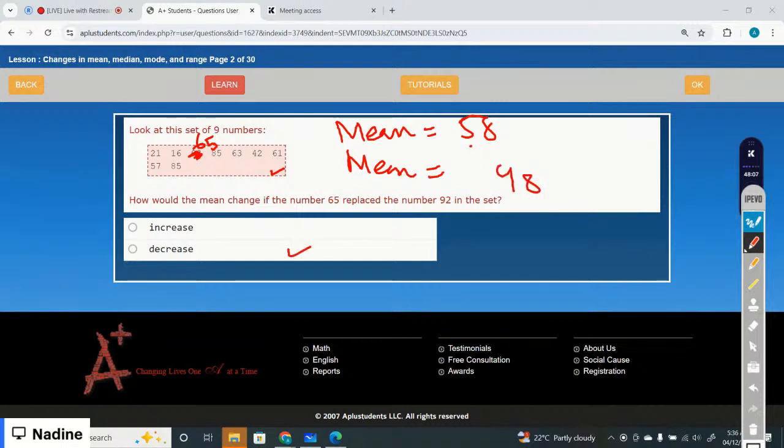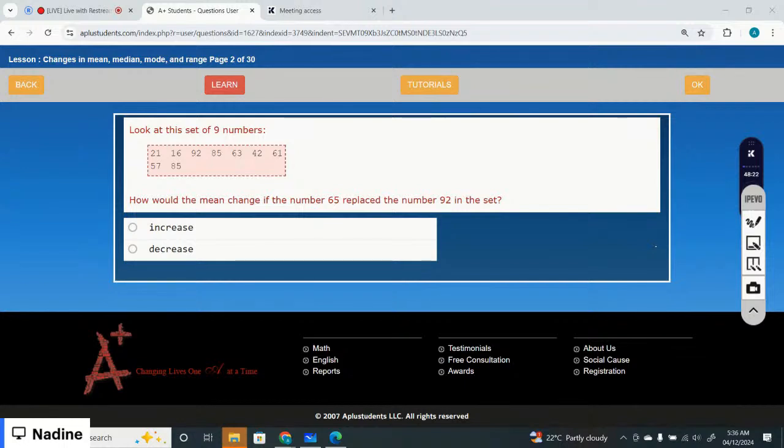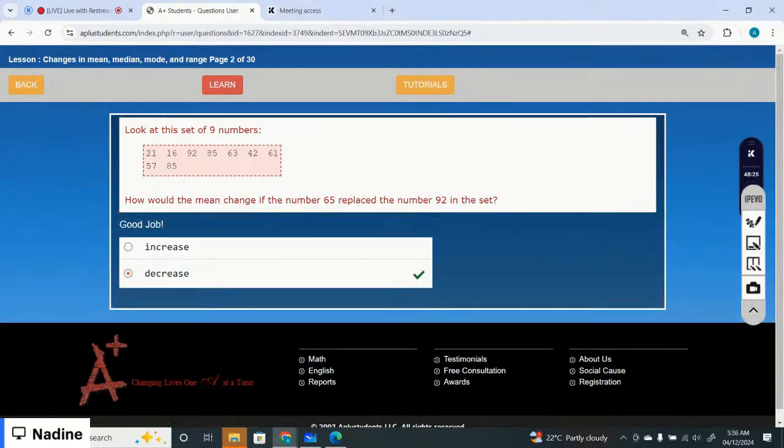The mean is decreased. The correct option is decreased. Got it? Option number 2 is the correct option.